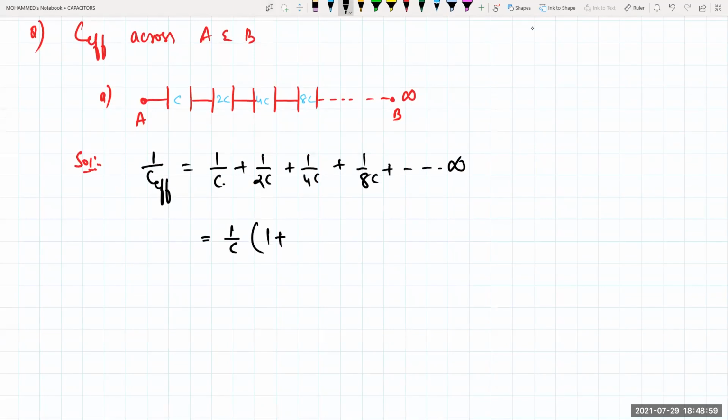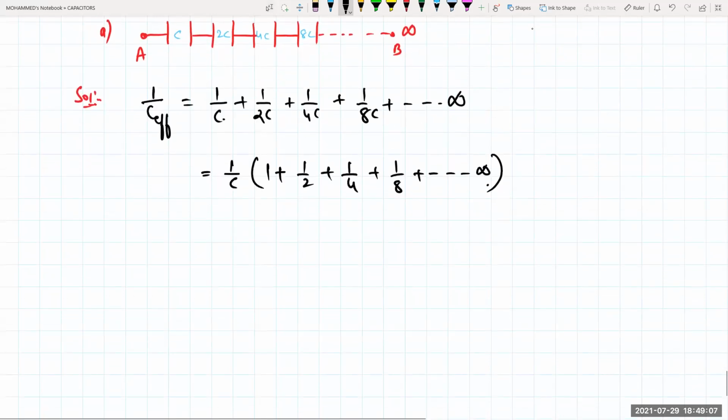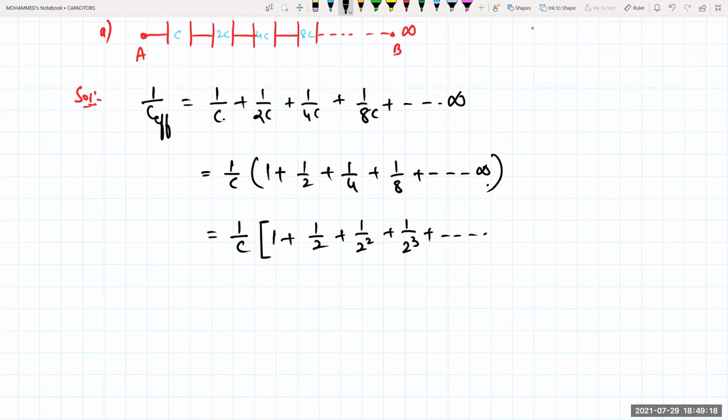So this becomes 1 plus 1 by 2 plus 1 by 4 plus 1 by 8 and so on. This can also be written as 1 by C into 1 plus 1 by 2 plus 1 by 2 square plus 1 by 2 cube plus so on.